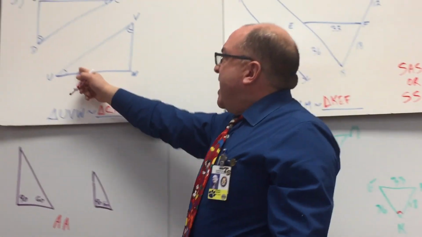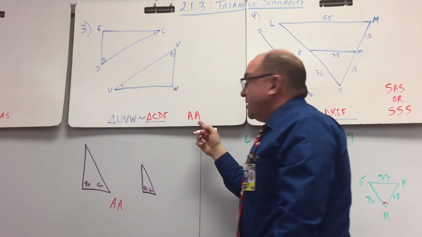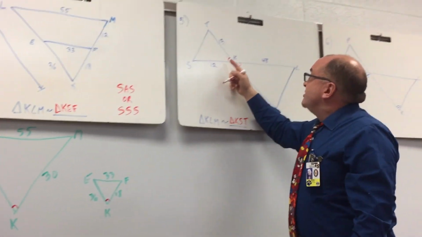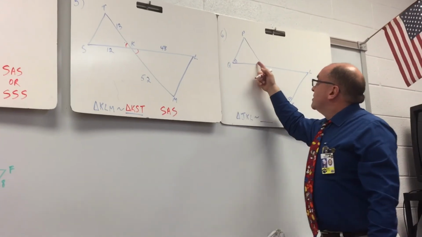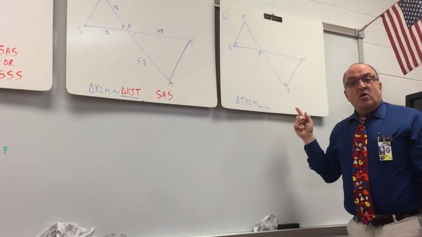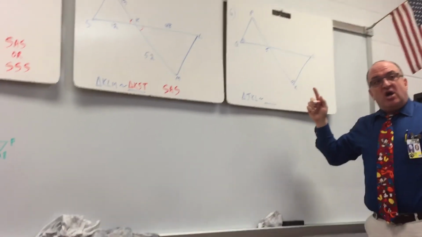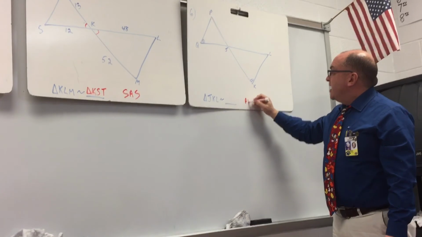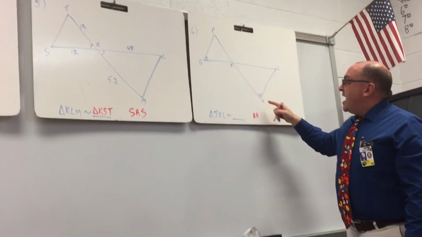I have two angles congruent to two angles over here. What was that called? Angle, angle. Over here, I have two angles congruent to two angles. What is that going to be called? Angle. Do you understand why it's called angle? Okay, this is angle.